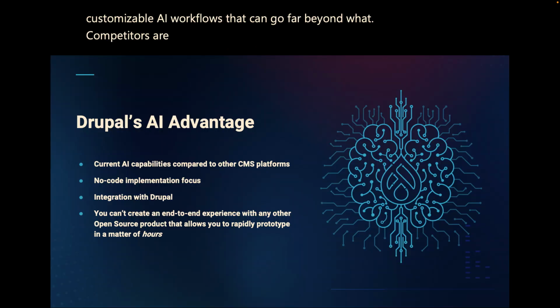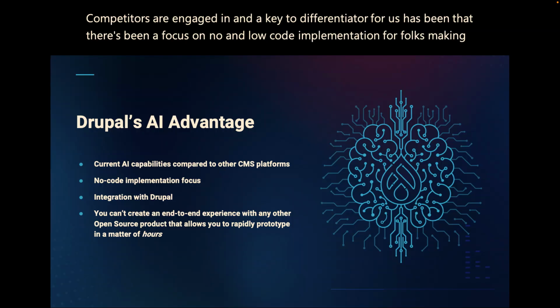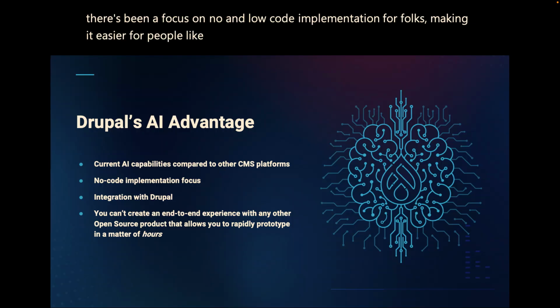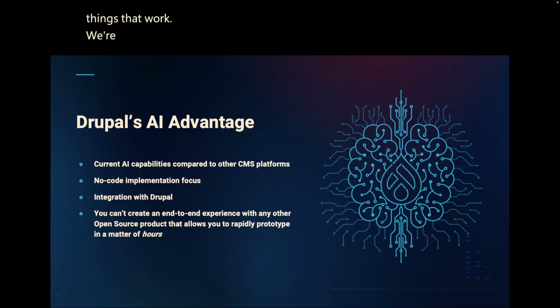And a key differentiator for us has been a focus on no and low code implementation, making it easier for people like content creators or site builders to actually build things that work. We're empowering site developers, marketers, and content teams to leverage AI without writing code.